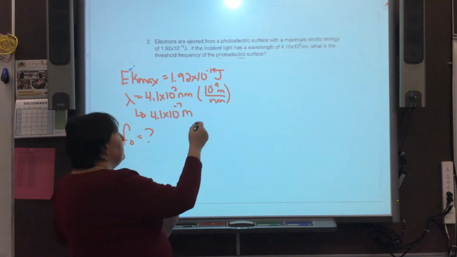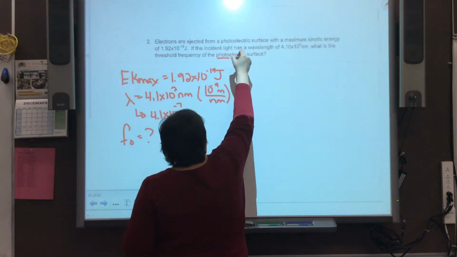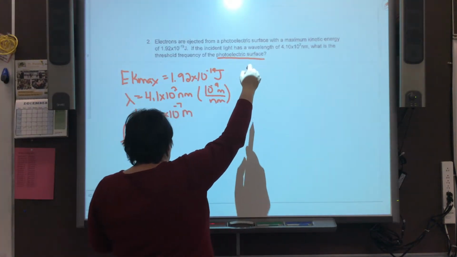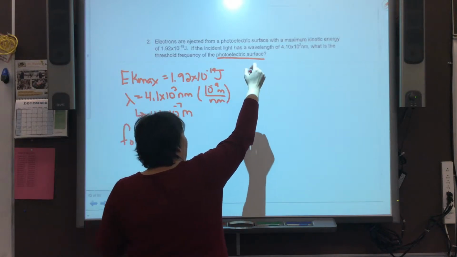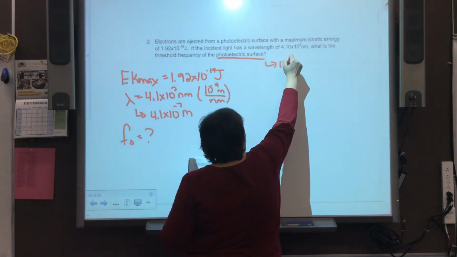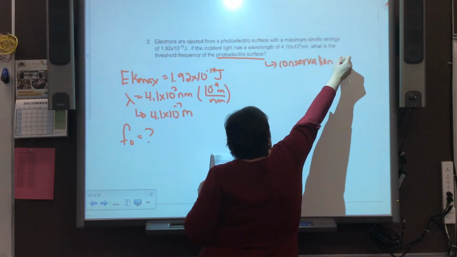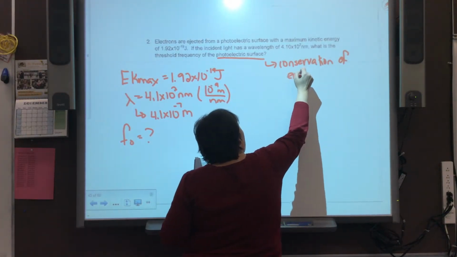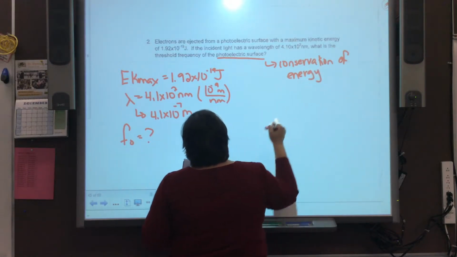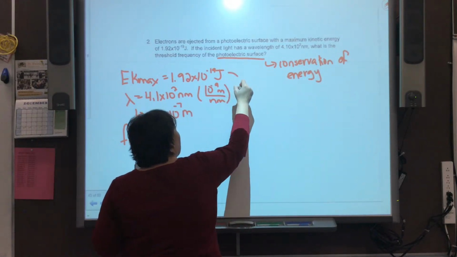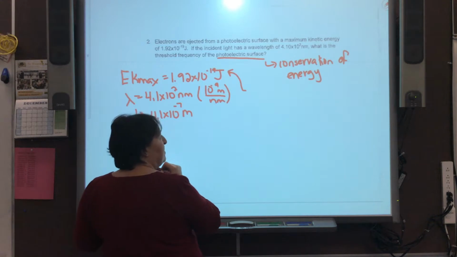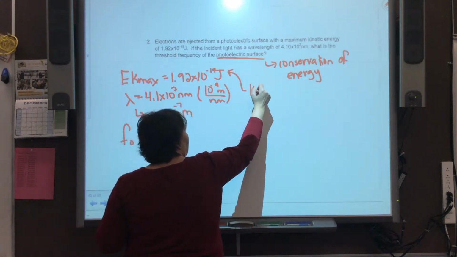Okay, so here the threshold frequency of the photoelectric surface. We're going to look at conservation of energy. Also, here, our answer is in joules. We're going to keep working in joules.